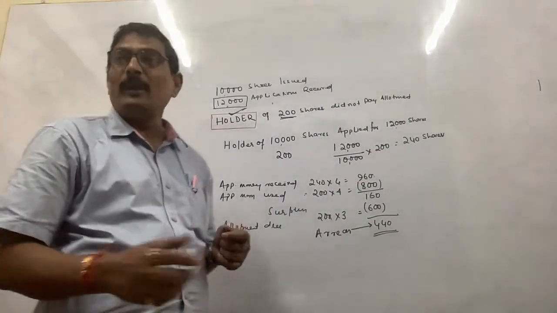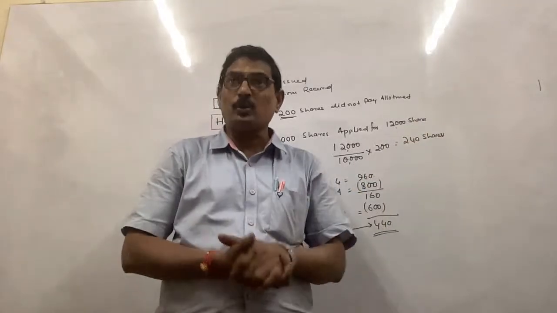I was supposed to receive 22,000. In the last calculation, we have already shown it.